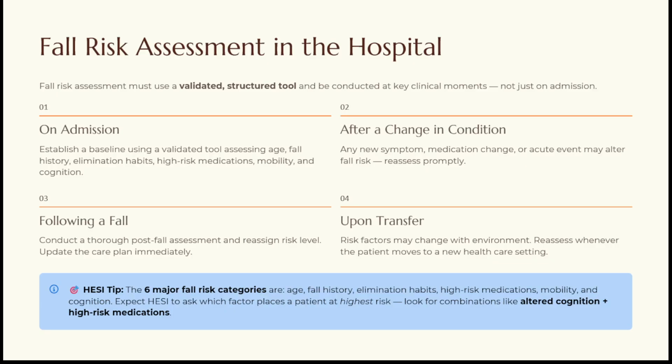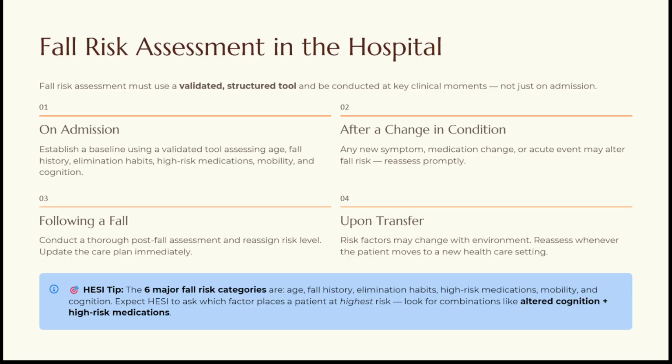Now, these fall risk assessments should occur throughout hospitalization, not just during admission. Patients should be reassessed on admission, yes, but also after a condition change, after a fall, and during transfers.